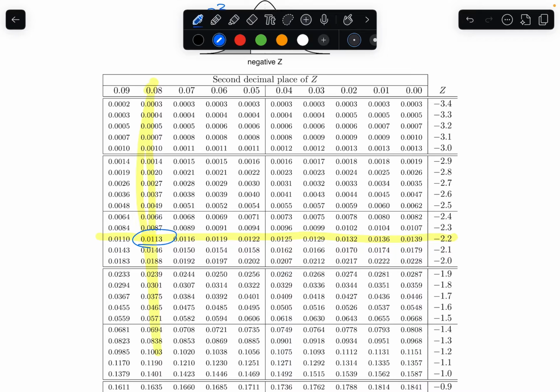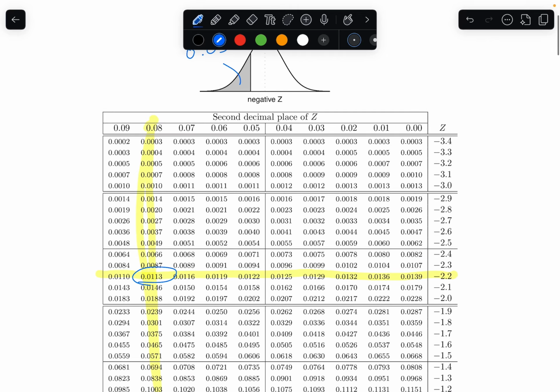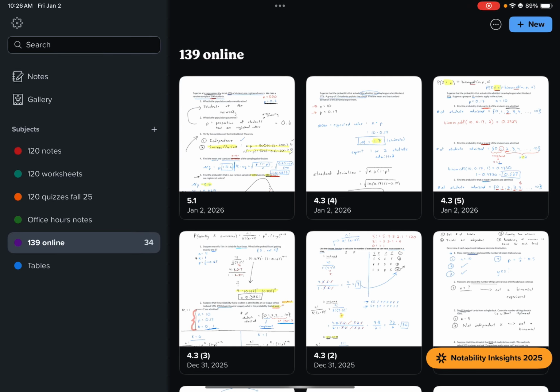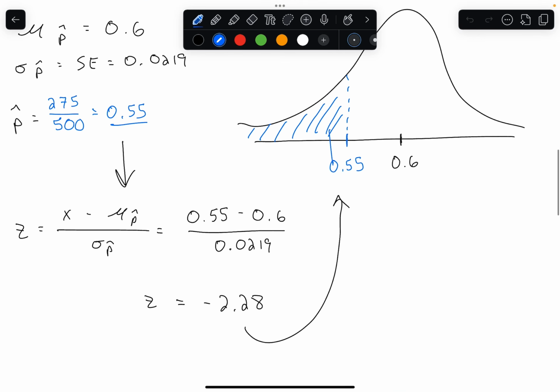Luckily for me, that's exactly what I wanted. I wanted the area to the left, so I don't need to subtract it from 1, because this is already telling me the area to the left. Hopping back just so that I can write my answer, this probability is 0.0113. There is my probability.